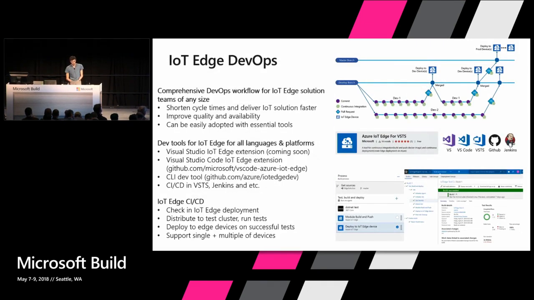And for both of them, especially for DevOps, the in-between category, we've got a great tool called Azure IoT Edge for VSTS. What this does is that it enables you to automate your pipeline end-to-end. So as a team of developers, you can use VSTS with this extension to do continuous integration.